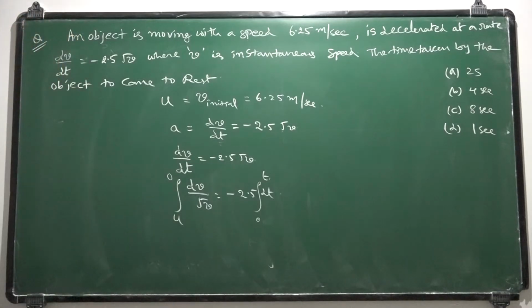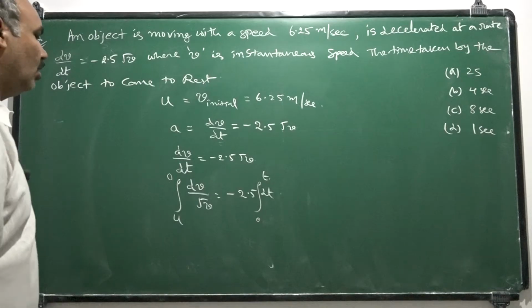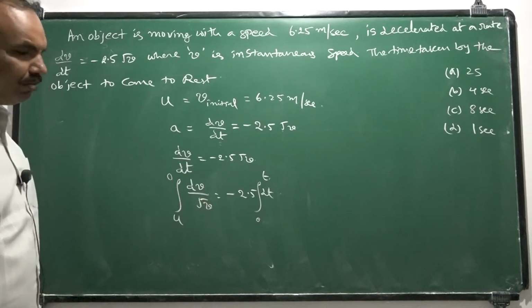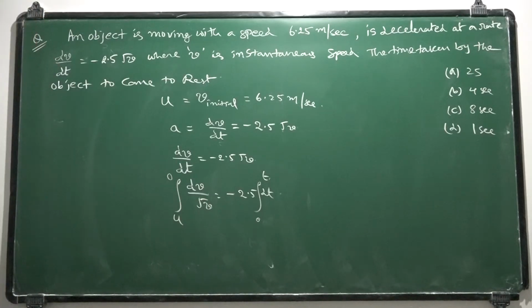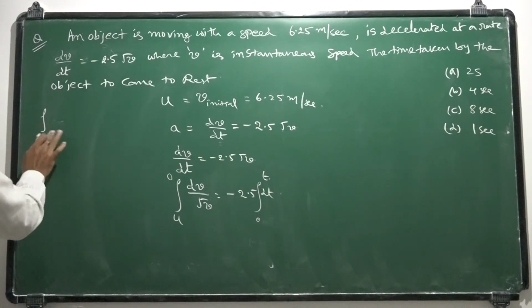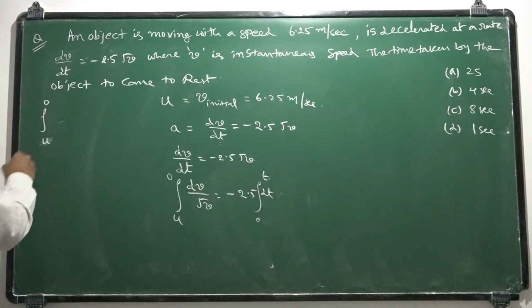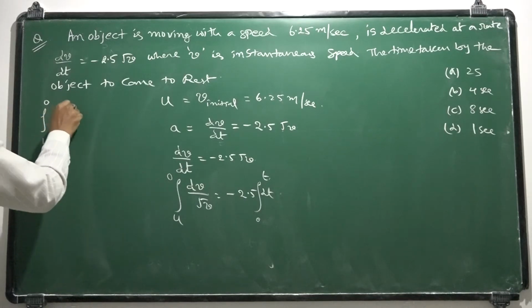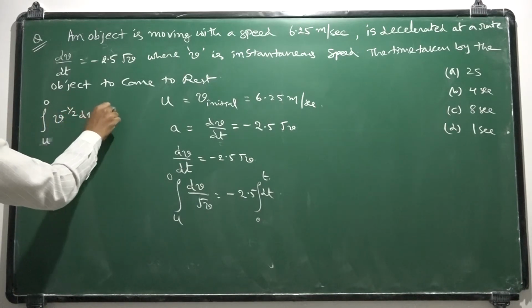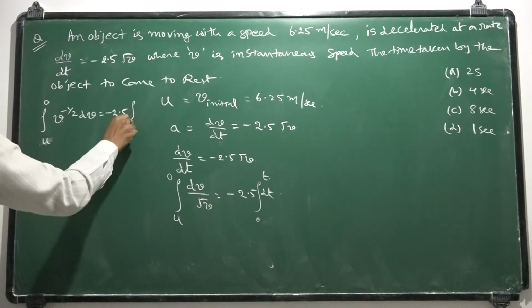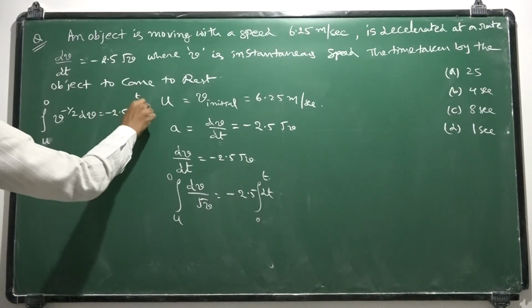This is the general way of taking limits. Now I need to do this integration. It is in the form of integration u to 0 of v power minus half dv is equal to minus 2.5 integration 0 to t dt.